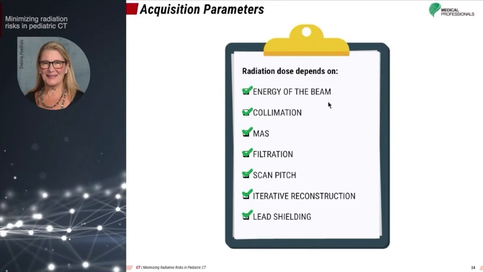In CT, the kVp is usually kept in the range of 120 to 130. Two sets of collimators are used. One is positioned in front of the primary beam, or pre-patient. The other is positioned in front of the detector array, or post-patient.